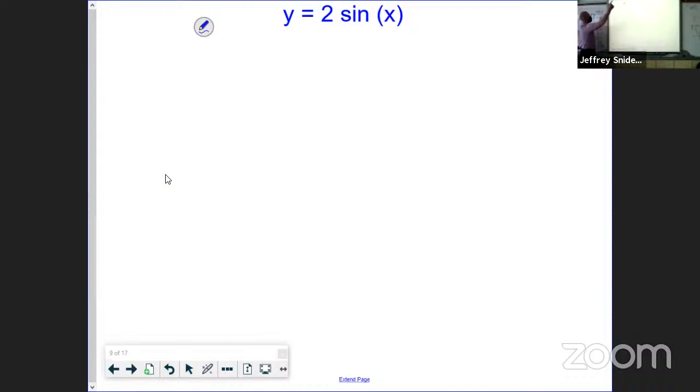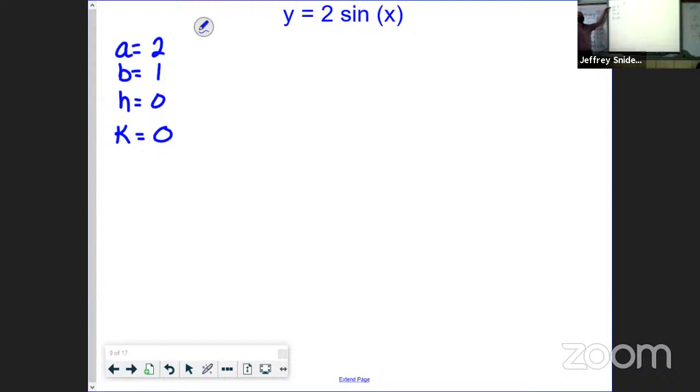So I look at this, and I say to myself, what are the values of A, B, H, and K for this function up here? Just tell me what they are. What's A? 2. What's B? It's this value right here in front of X. It's 1. What's H? 0 and 0.